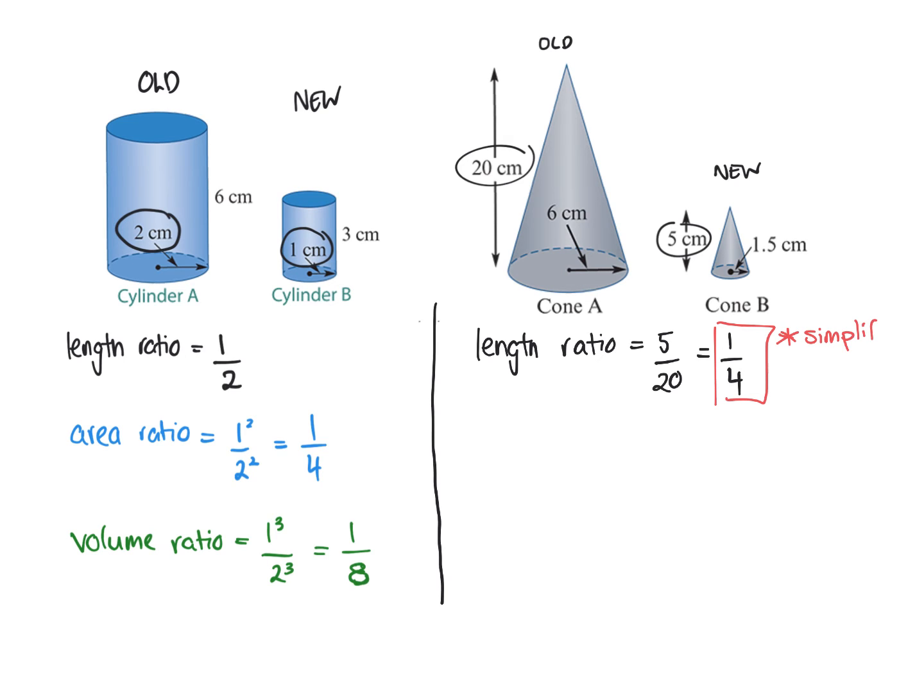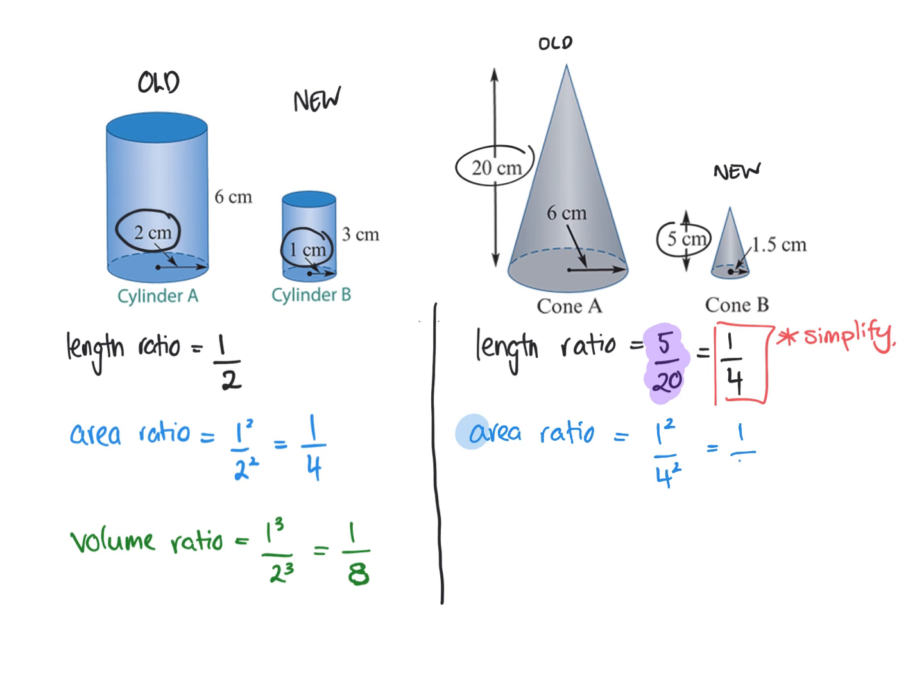Now, if you remember on your calculators, if you type this one into your calculator and press enter, it will make it 1/4. In a case like this the number's easy, but when you get a few numbers that you don't sort of recognize, just pop it in like that. All right, so if we go to find the area ratio, all we have to do is square that length one.